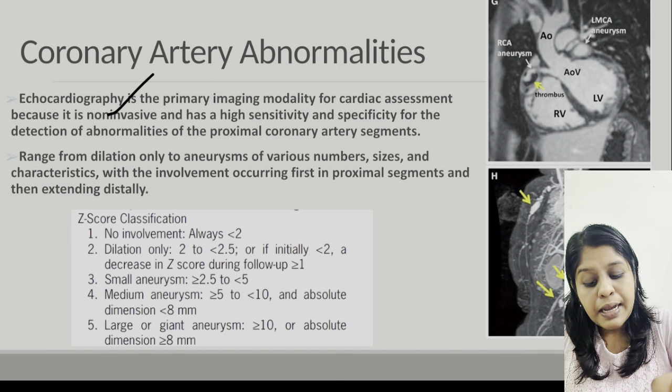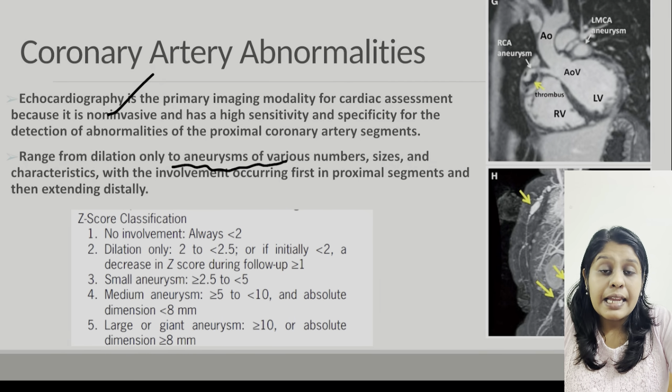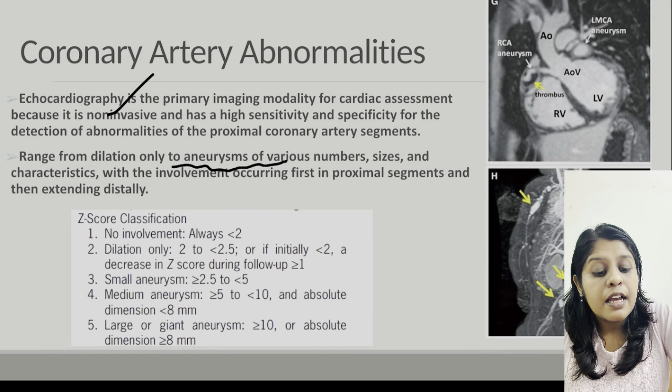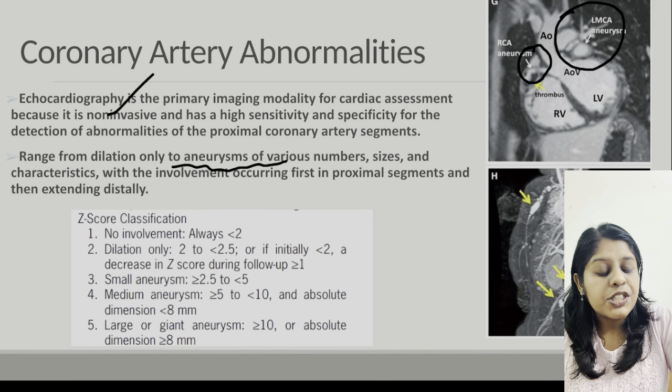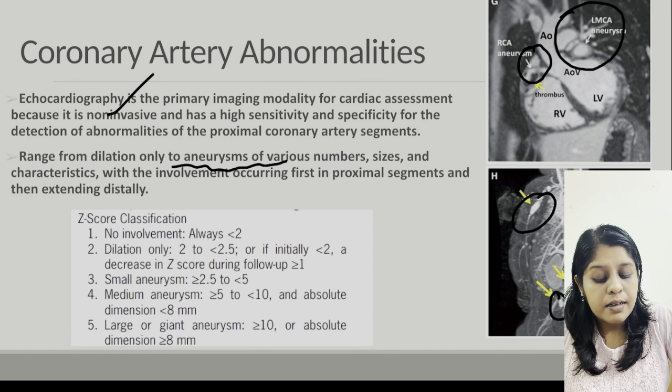So it ranges from dilatation only to aneurysm of various number, sizes and characteristics with involvement occurring in the proximal segments, and then it evolves distally. If you see here, this image shows proximal coronary artery aneurysms and dilatations, and this image shows us distal artery aneurysms in the other arteries.